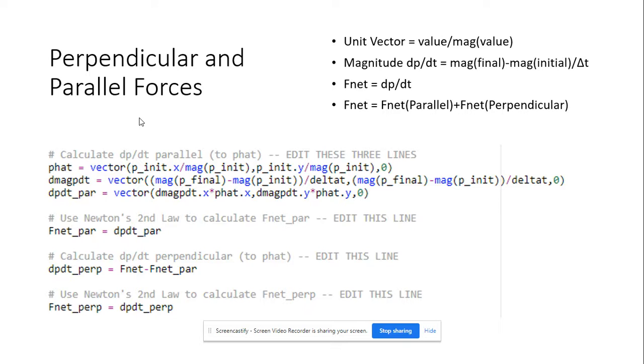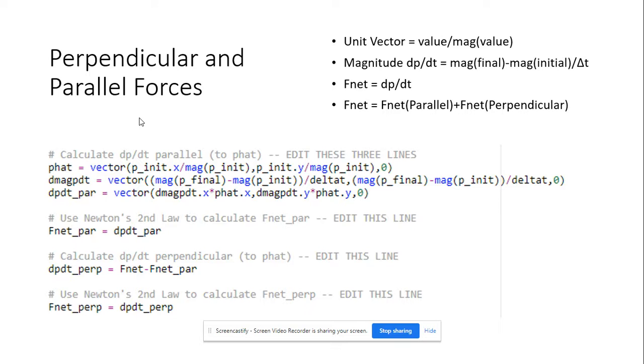And then using the magnitude of dp dt, we can then find dp dt parallel, and the magnitude of dp dt would be the final magnitude minus the initial magnitude over change in time in each part of the vector. And then to find dp dt, we multiply this by the unit vector to get its direction.